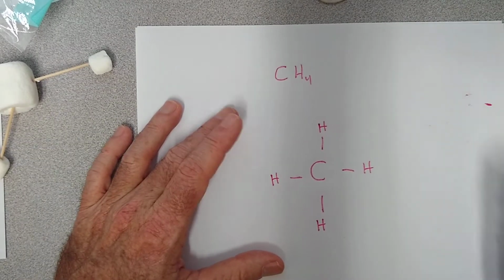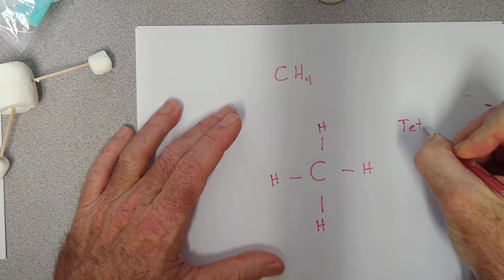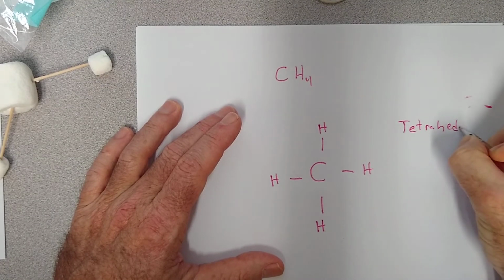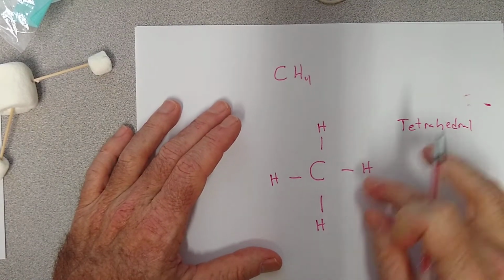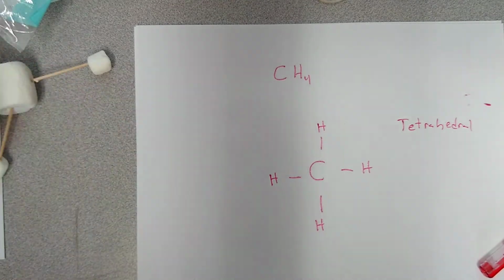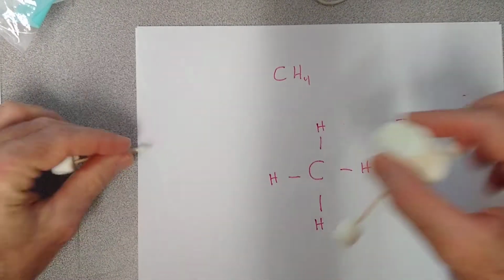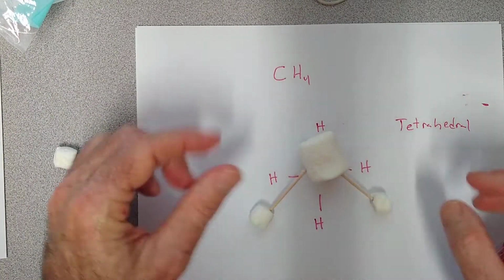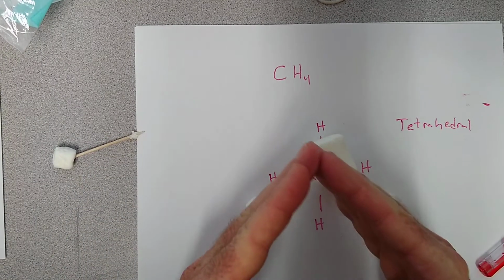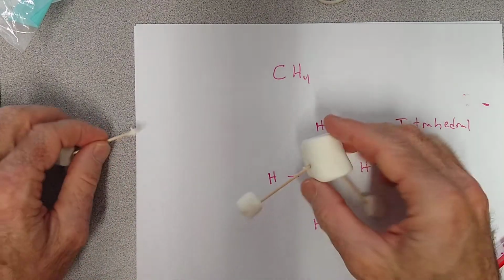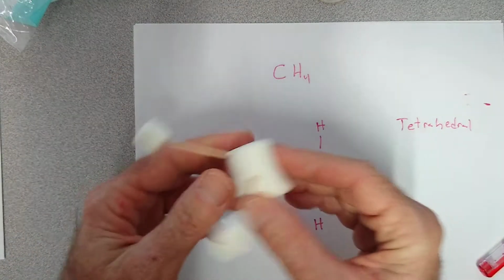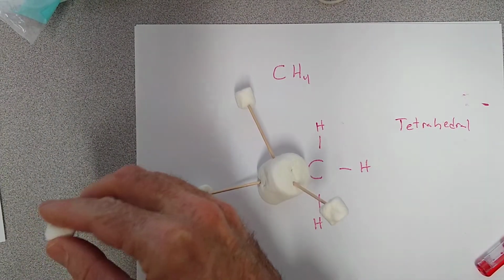Nothing's left over. Now this is called tetrahedral, which means it has 4 sides. It doesn't mean it has 4 hydrogens. It means it has 4 sides. And what it looks like in real life is it looks like this bent molecule, like a water molecule. But then you also add another bent molecule on top of it, okay?